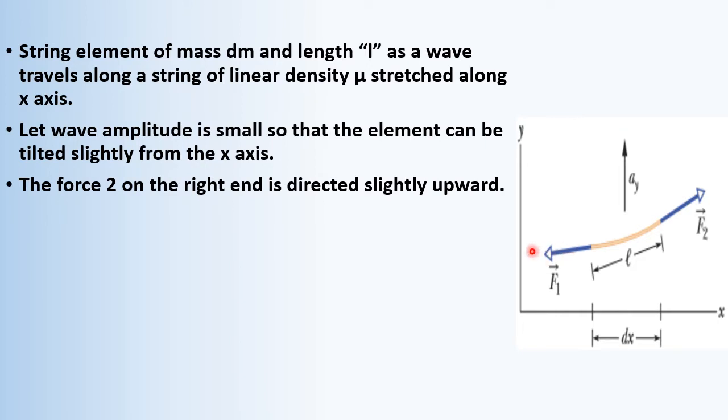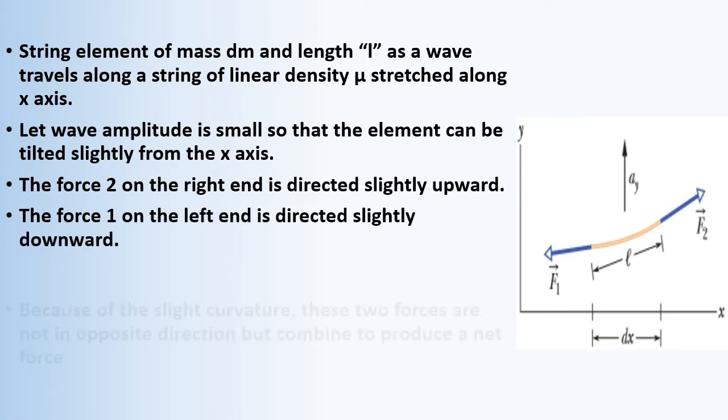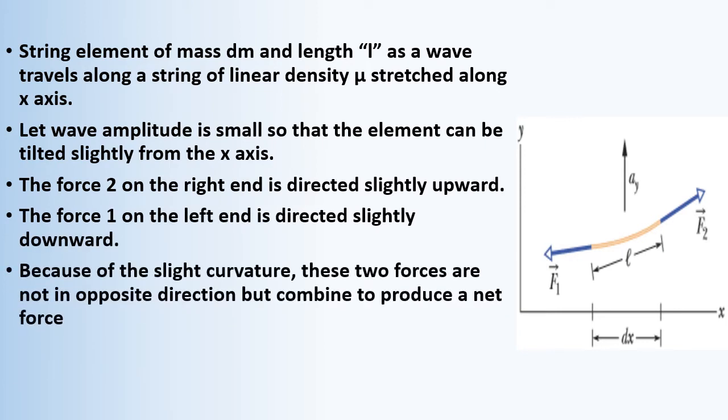The force F1 on the left end also has a magnitude equal to the tension T, but it is directed slightly downward. Both of these forces cause a slight curvature of the element, so they are not simply in opposite directions to cancel each other. Instead, they combine to produce a net force that causes the element to have an upward acceleration, ay.